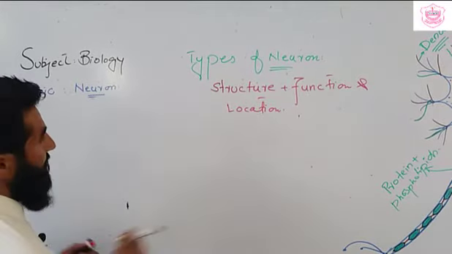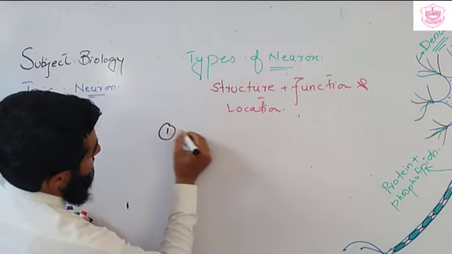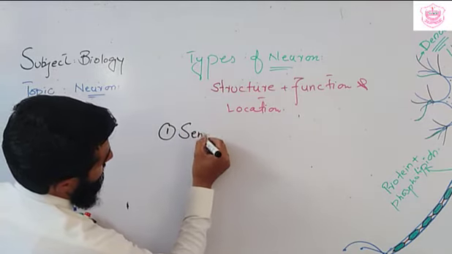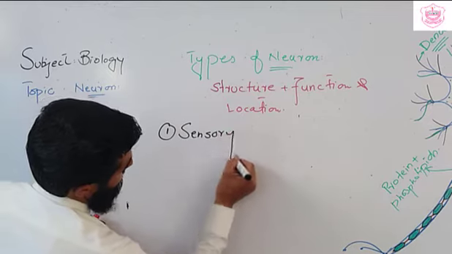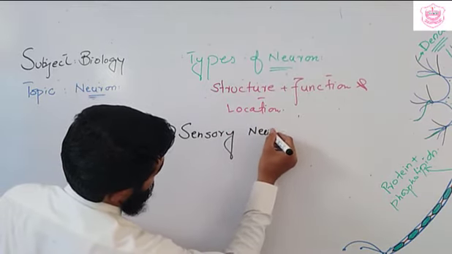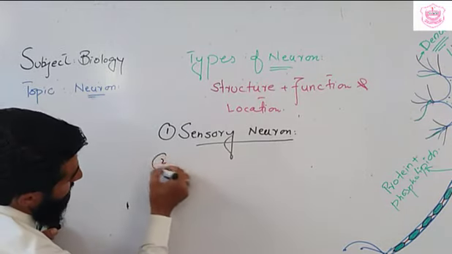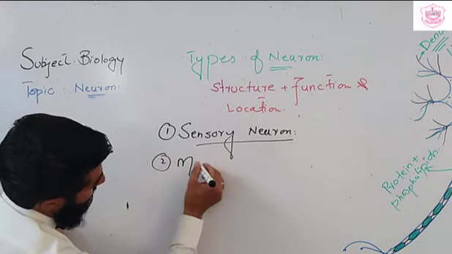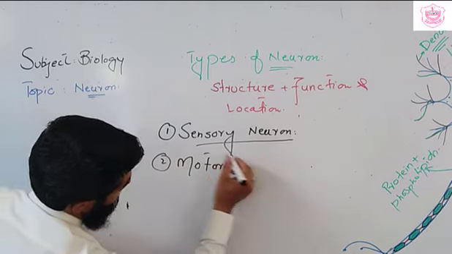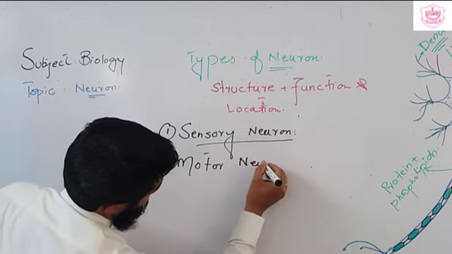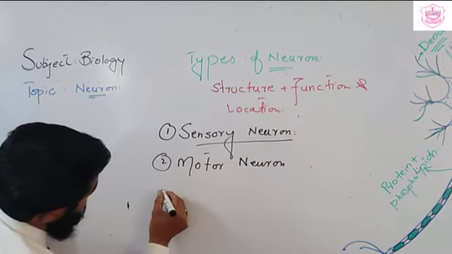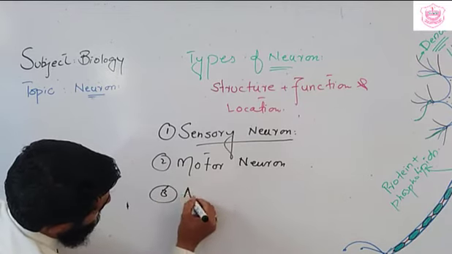First is the sensory neuron. Second is the motor neuron, while the third is the associative neuron.